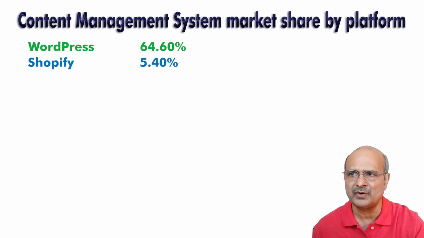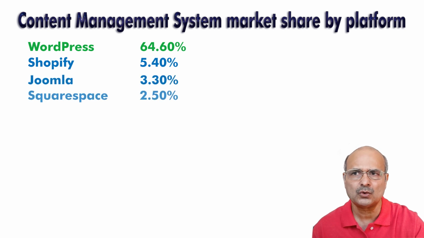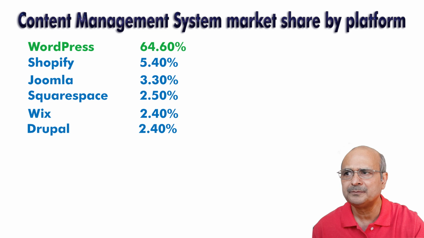Next is Shopify, which holds 5.4% of the market share, then Joomla with 3.3%, Squarespace with 2.5%, and Wix with 2.4%. Then comes Drupal, which holds 2.4% again, and then Bittrex, which holds 1.7%.